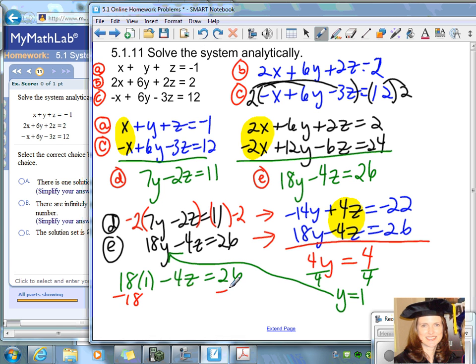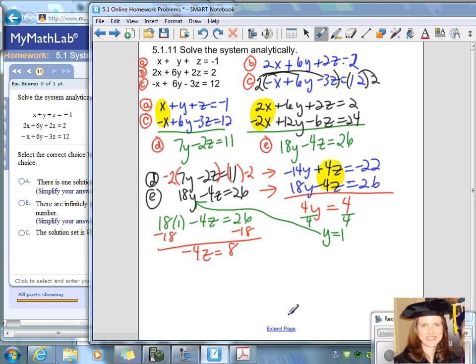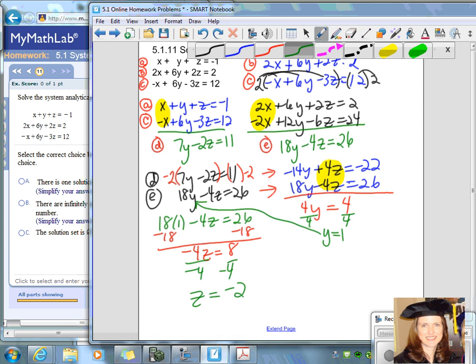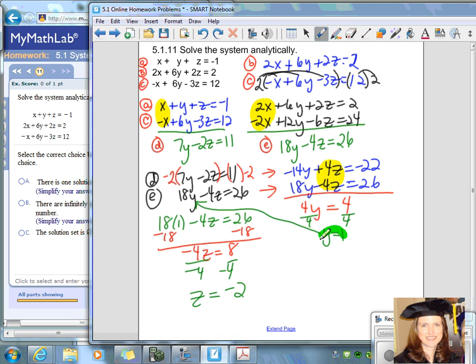Subtract 18 from both sides of this equation to get negative 4z equals 26 minus 18, which is 8. And then I divide by negative 4 on both sides to get z equals negative 2. So I have my y and my z: y equals 1 and z equals negative 2.